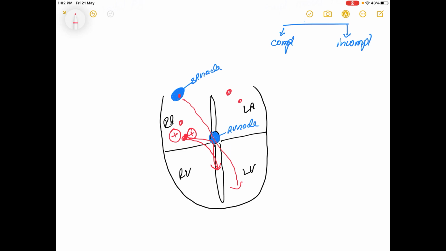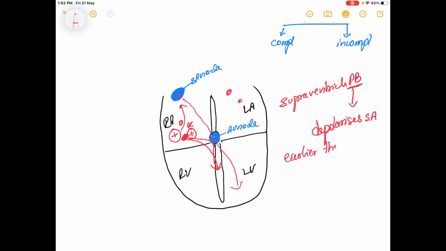This electrical activity will also depolarize the SA node, so in supraventricular premature beats, this premature beat depolarizes the SA node earlier than the normal sinus rhythm.